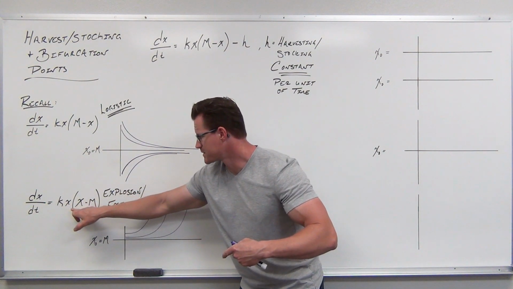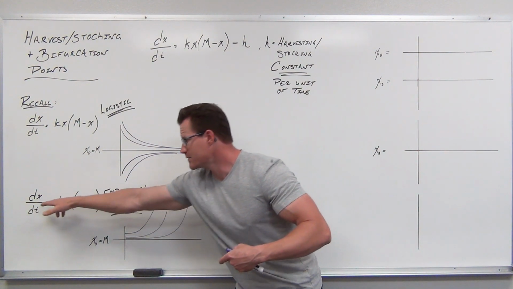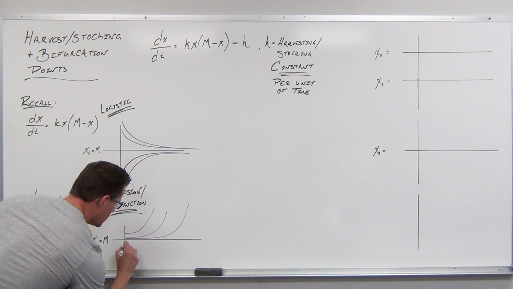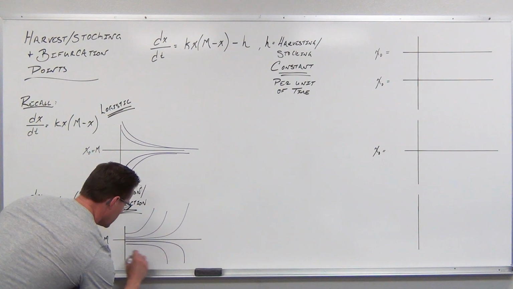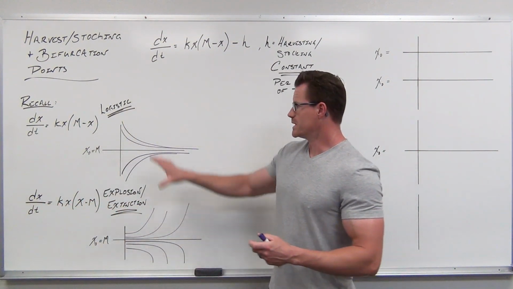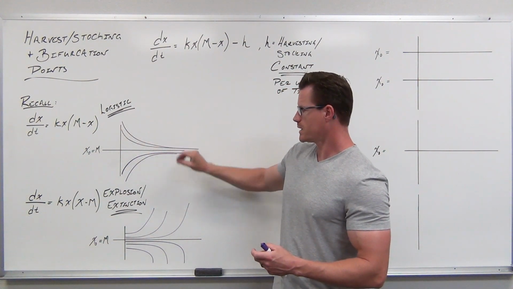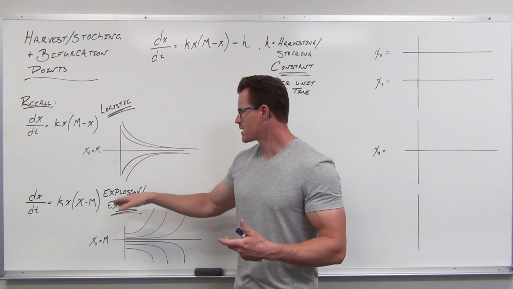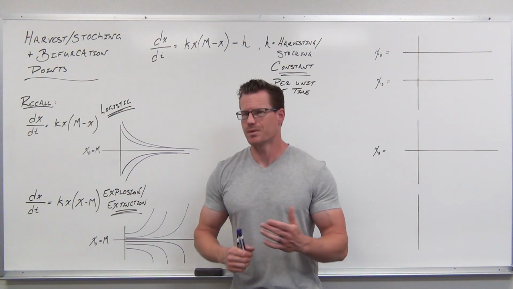So positive times a negative would give us a negative slope, a decreasing function. And that's the definition of a spout. We'd get a stable critical point or an unstable critical point depending on whether we're talking about the logistic or explosion extinction equations. I hope this is making sense.